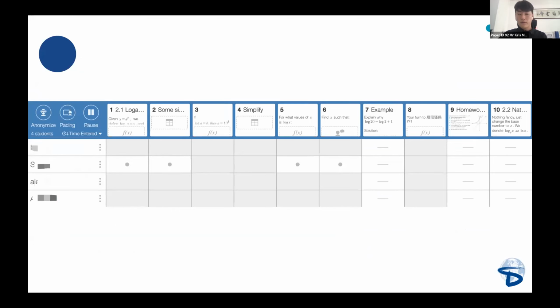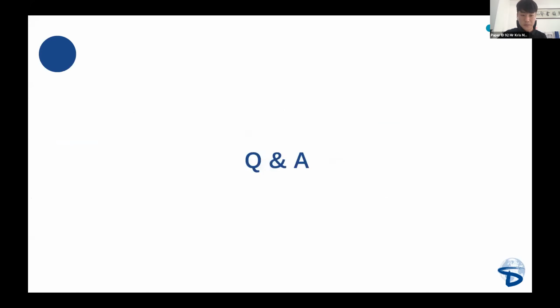But one of the disadvantages of these online assessment tools is that they can only assess MCQ questions or fill in the blank questions. For those questions that require students to write down the steps, we found it's a little bit hard for students to type those notations. Now we are exploring more tools that will enable students to write using iPads or tablets so that we can test those kinds of structured problems.